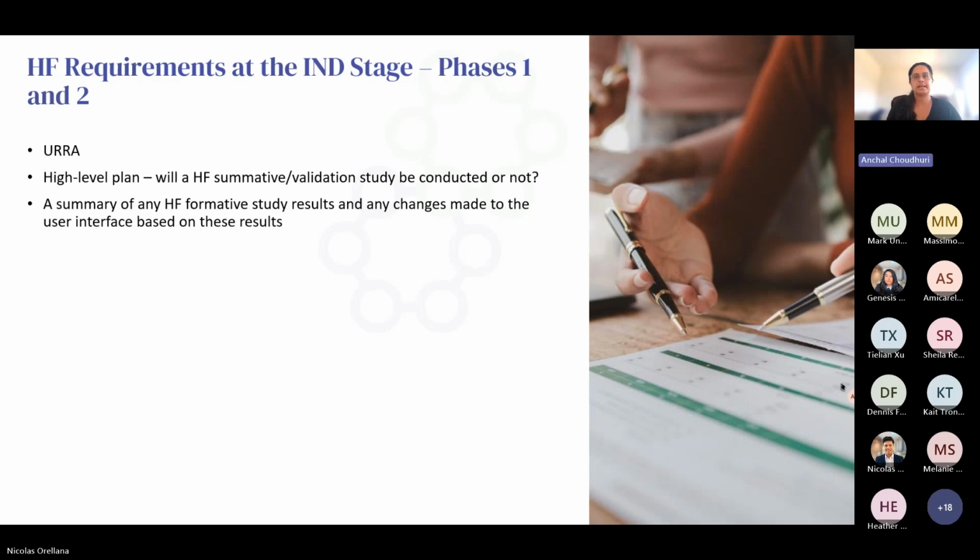In the US, FDA expects not just IEC 62366 to be followed, but all that information that's included within the guidance and draft guidance documents, specifically that the URRA needs to be there and it needs to be in that specific format that they ask for.